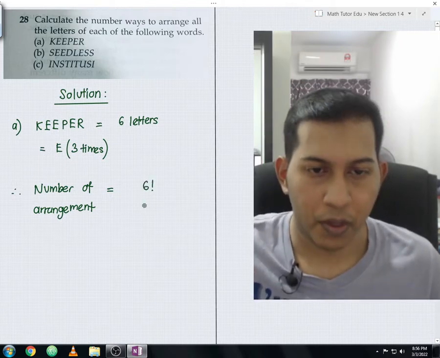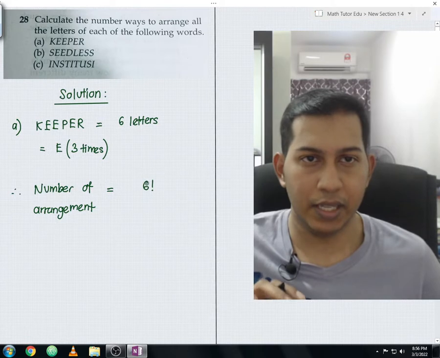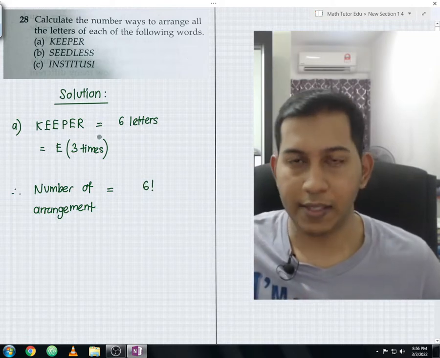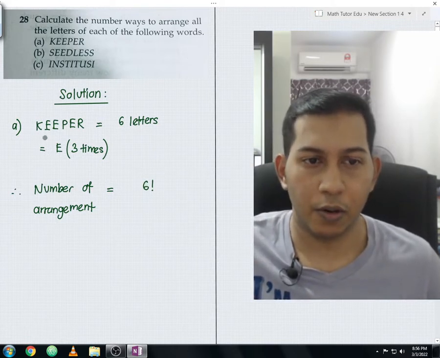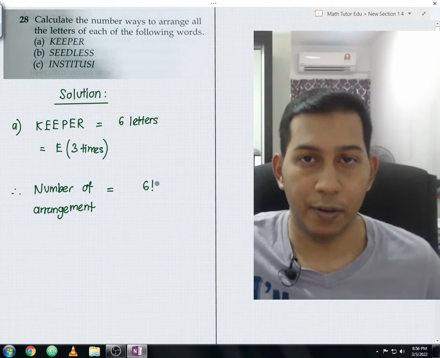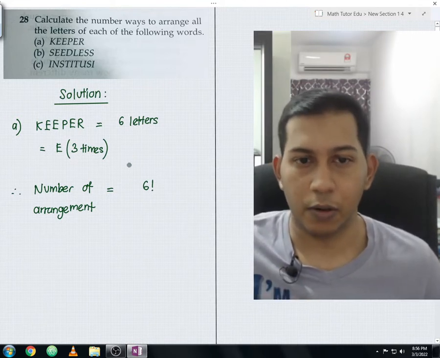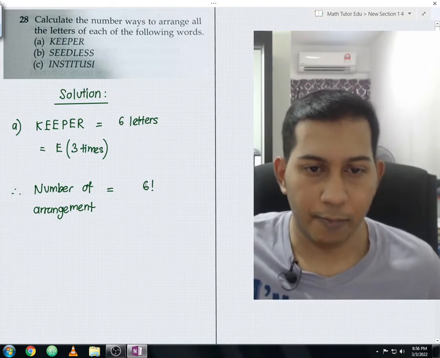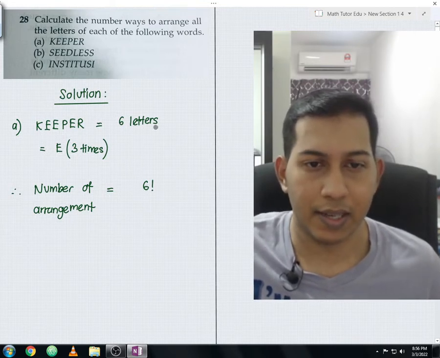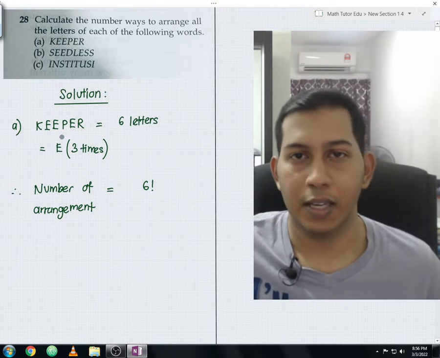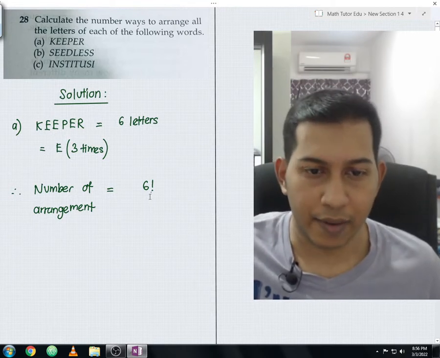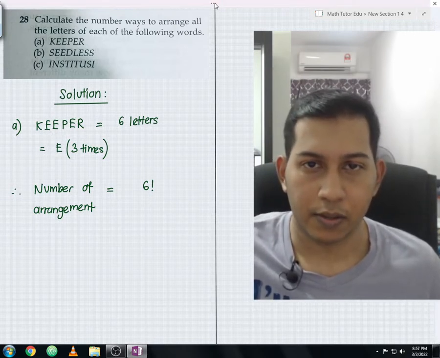This is pretty similar to the non-repeated letters, up until here, but there is an additional step that you need to follow. Why 6? Because you have 6 letters forming the word keeper.